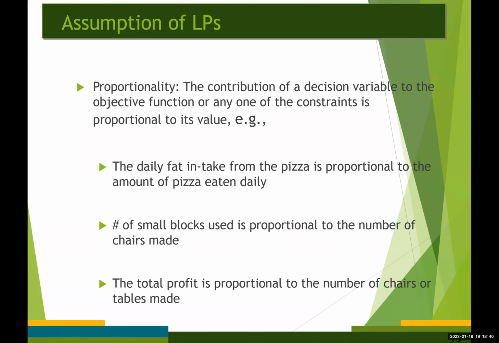What is proportionality? The proportionality assumption of any linear program is that the contribution of each decision variable to the objective function or the constraint functions is proportional to the value of that variable. So for example, doubling a decision variable will double its contribution to the cost function, right?